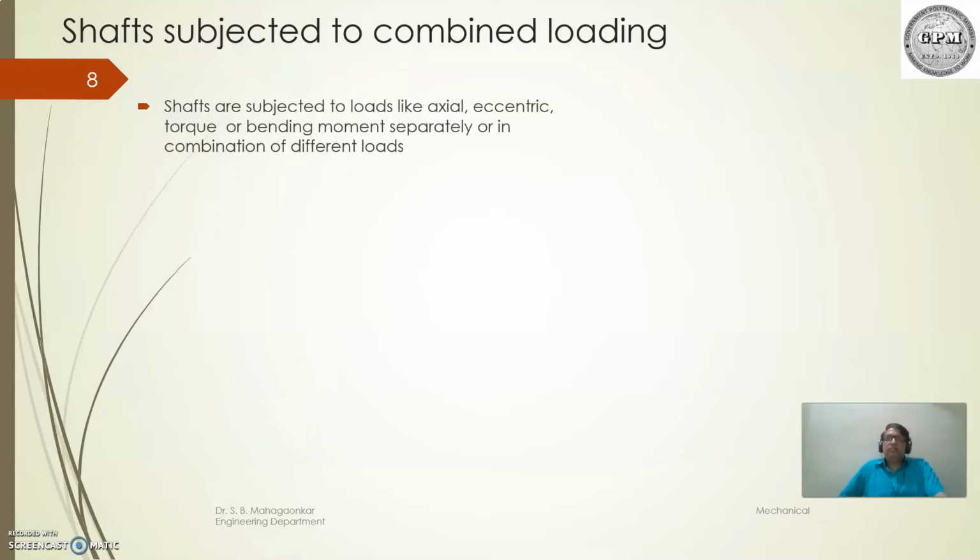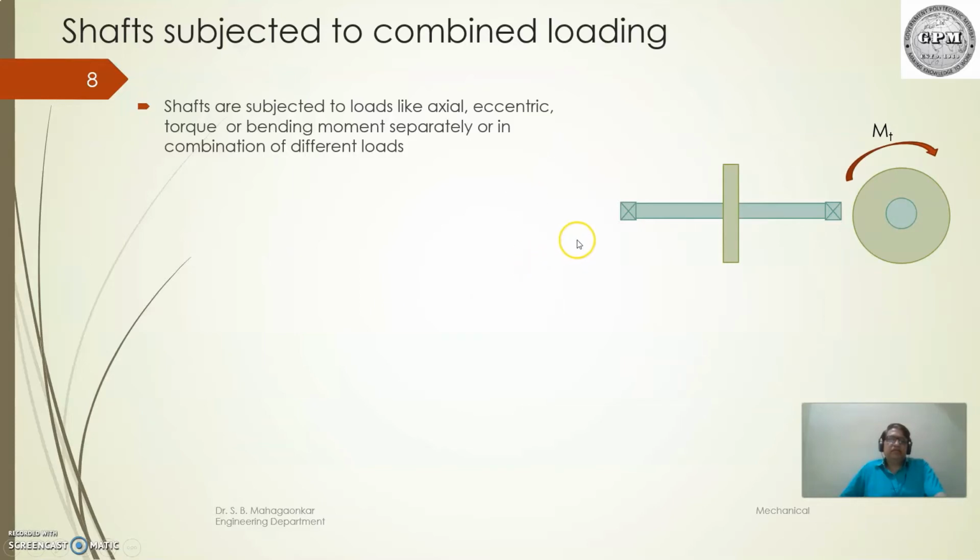Shafts are subjected to combined loading, right? Like axial, eccentric, torque or bending moment, separately or in combination with different loads. Here I am showing a shaft which is supported between two bearings. There is a pulley over here. It is subjected to a torque.